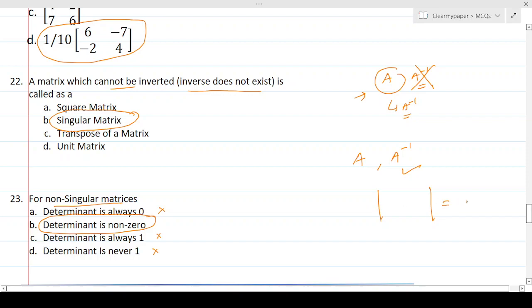If the determinant is equal to 0, then it becomes singular. And if the determinant is not equal to 0, then it becomes non-singular. That's what the definition is, where there is no inverse existing in this case, and over here the inverse exists. So the answer is B, determinant is non-zero.